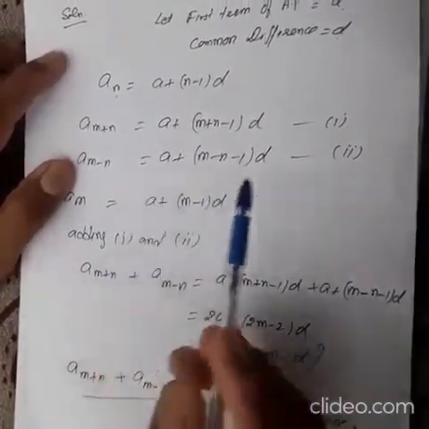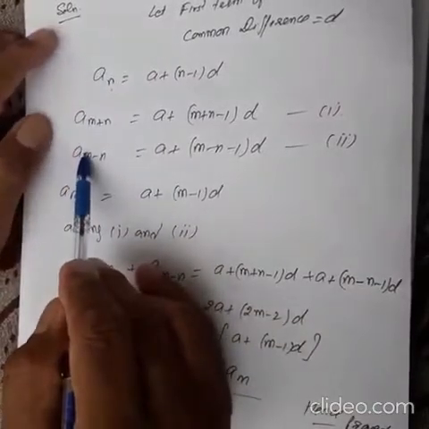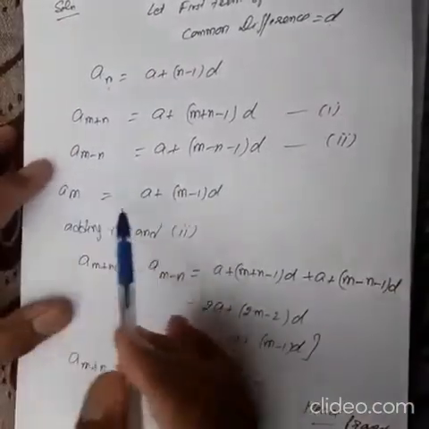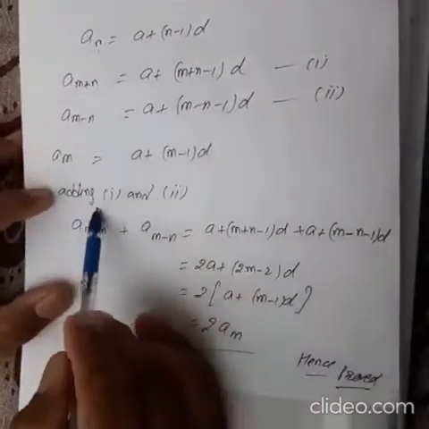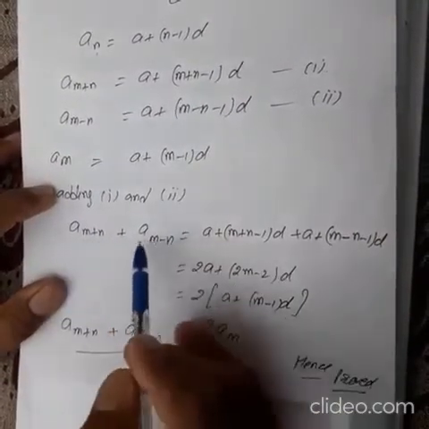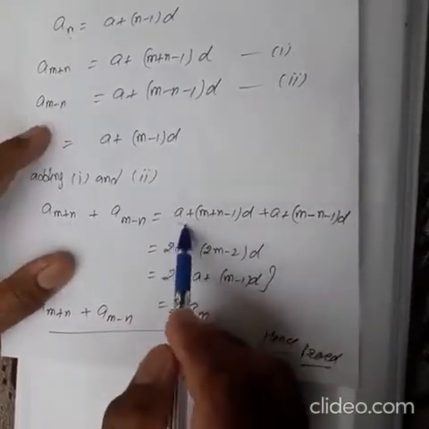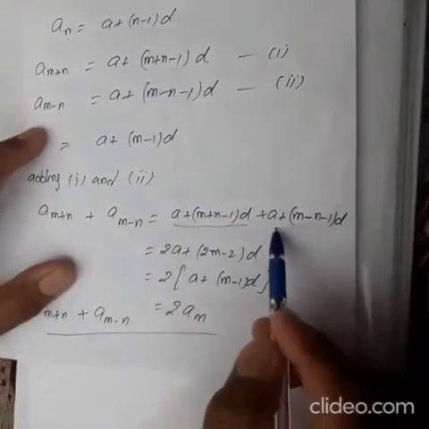Now according to the question, we want to prove that the sum of these two terms will be twice the mth term. So for that, adding 1 and 2, find a m plus n plus a m minus n. You put the values. This is a m plus n, and this is a m minus n.